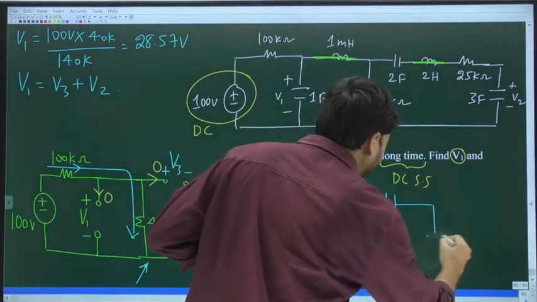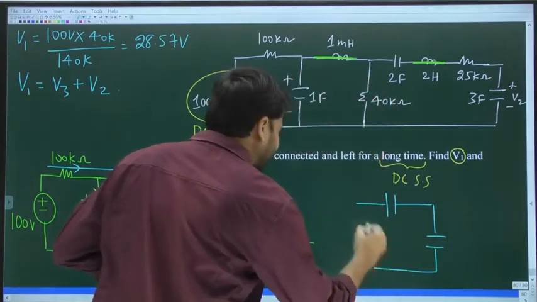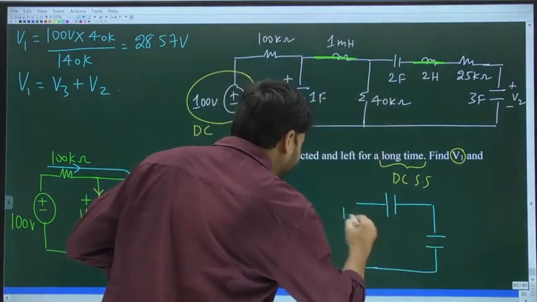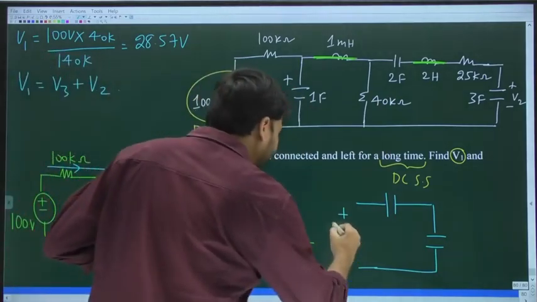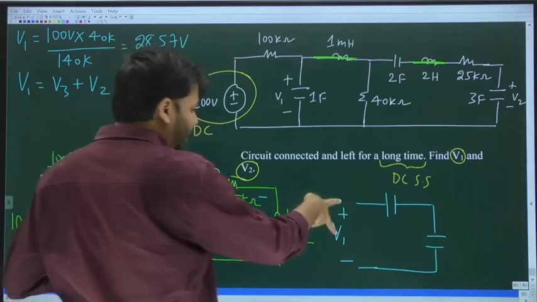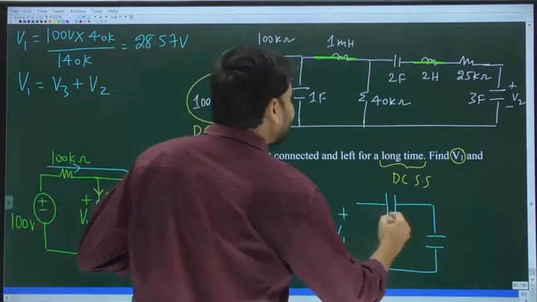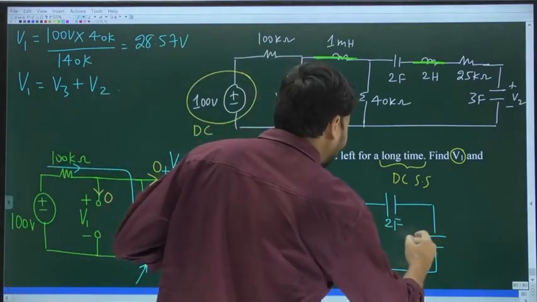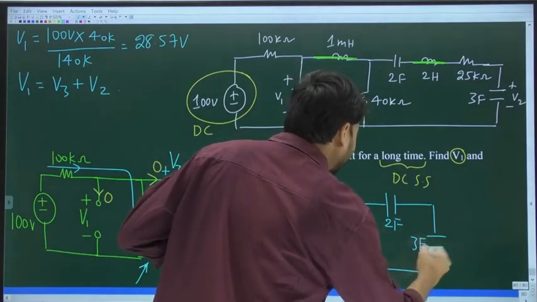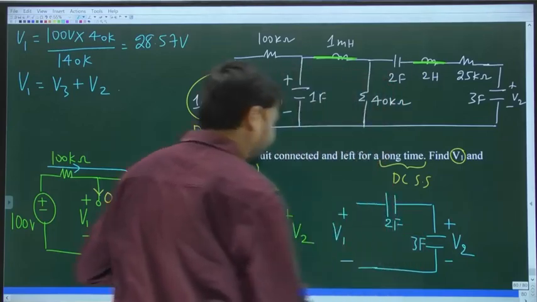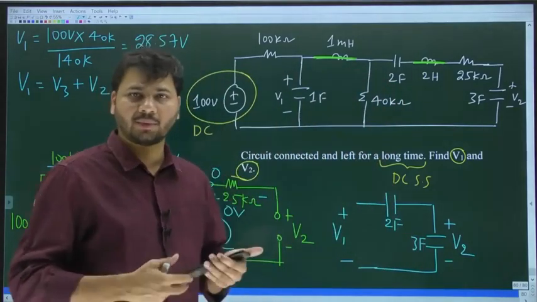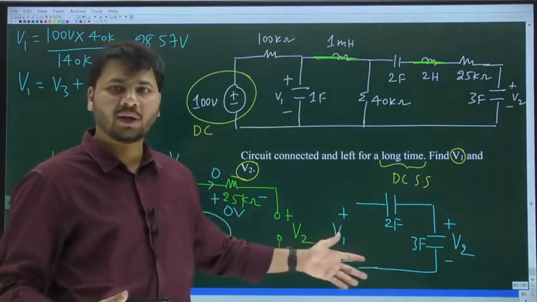It is like having two capacitors across a voltage drop of V1. So V1 is the net voltage drop. The first capacitor is 2 farad. The second capacitor is 3 farad. And the drop across 3 farad is V2.